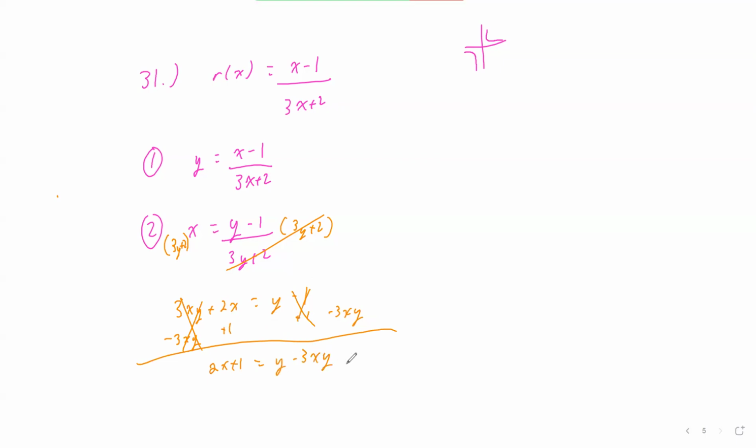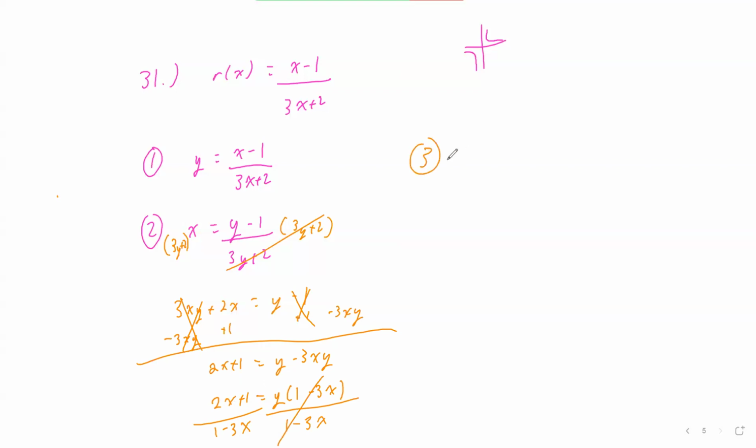The purpose of doing this is that now all the y's are on one side, I can factor the y out. So this will be y times 1 minus 3x. Always check yourself to make sure it can go back to its original thing, equals 2x plus 1. And then now I can just divide by that 1 minus 3x. So I got y all solved for.